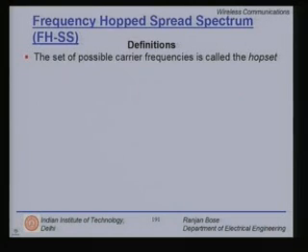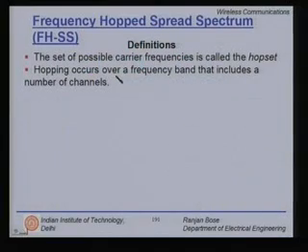That is, you pick one of the subbands randomly or as per a pseudo noise random number generator and transmit on it, and then pick another subband and transmit on that subband, and so on and so forth. So basically you jump or hop along the frequency spectrum across the different bands.